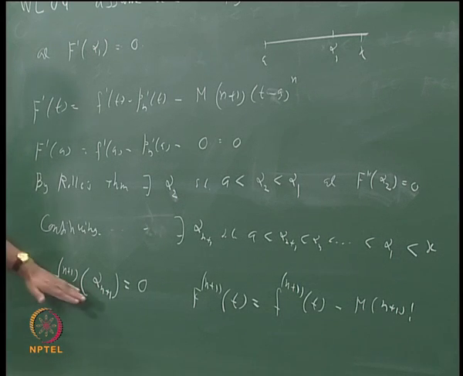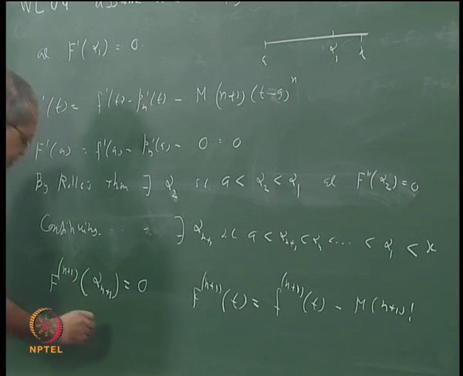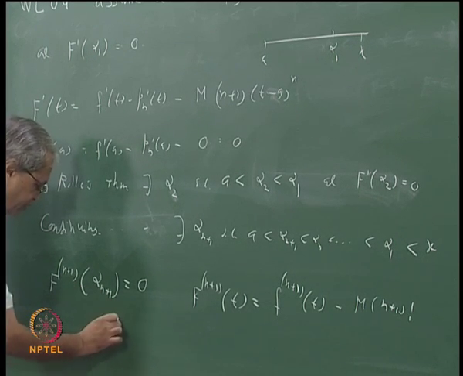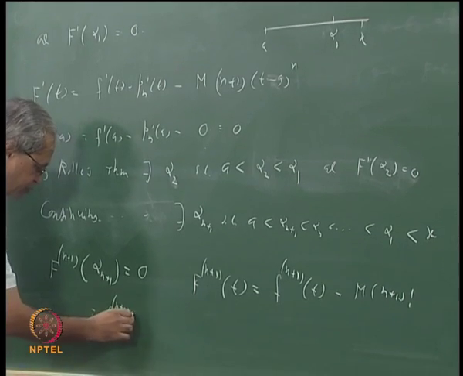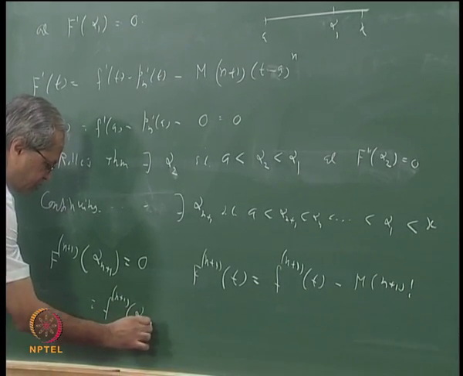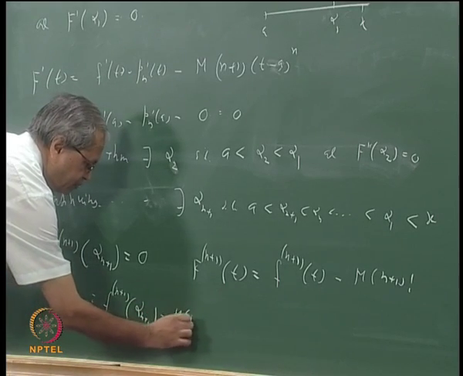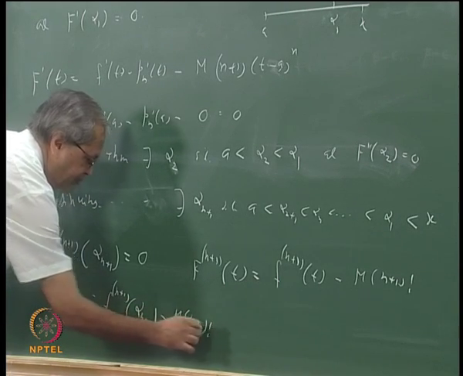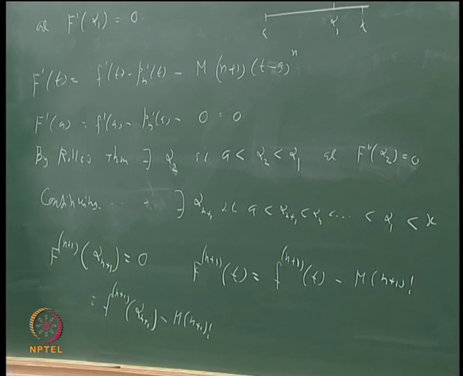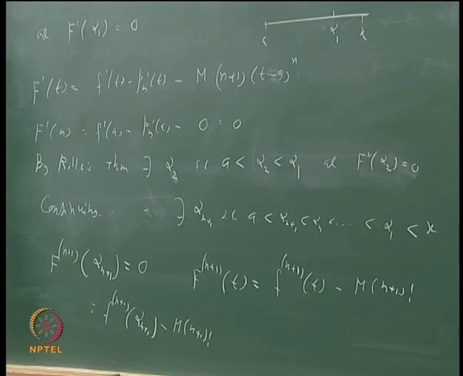Put it back here. So if the n plus 1 derivative of big F at alpha n plus 1 is 0, that is the same as saying that small f n plus 1 at alpha n plus 1 minus m into n plus 1 factorial is 0.